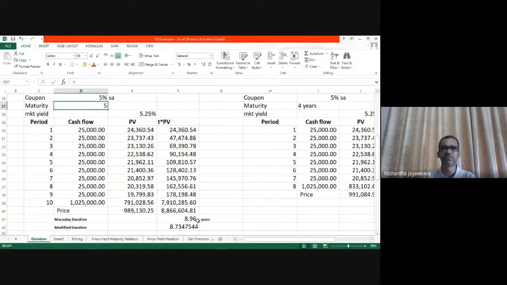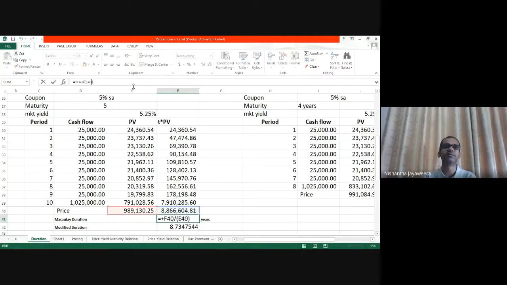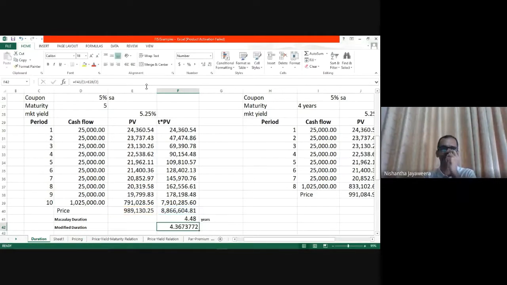The problem is this Macaulay duration comes in the form of coupon periods, 8.96 coupon periods, but in years it's only 4.48. Is it clear?